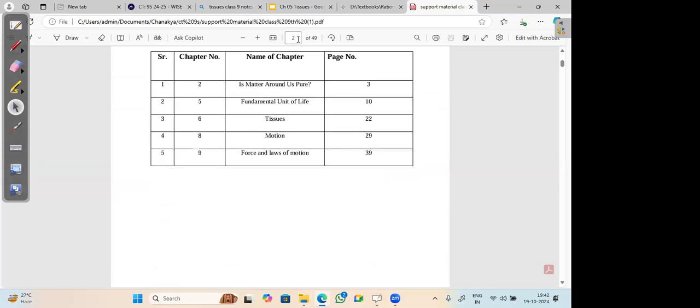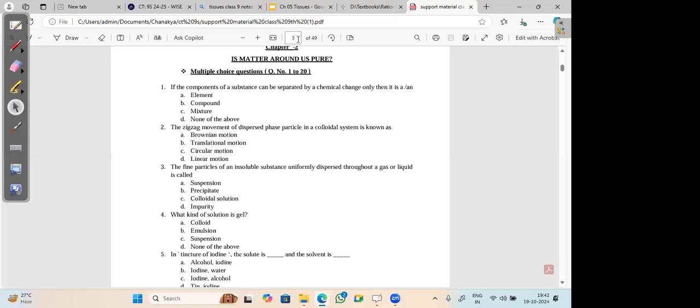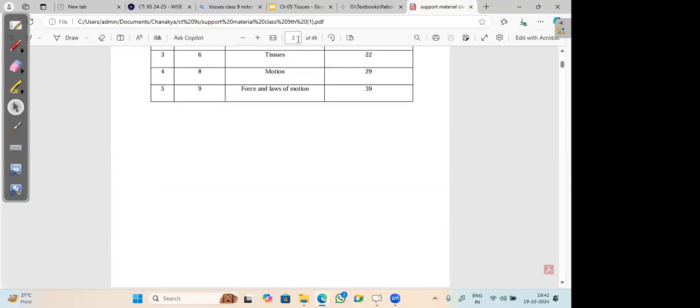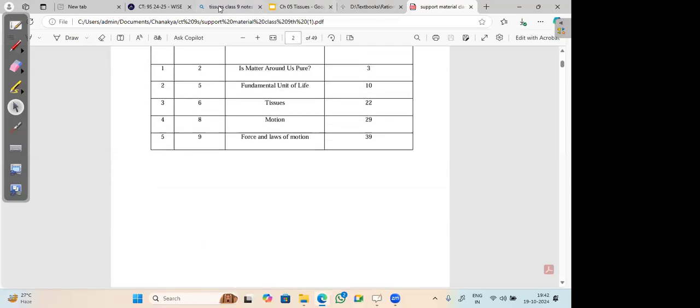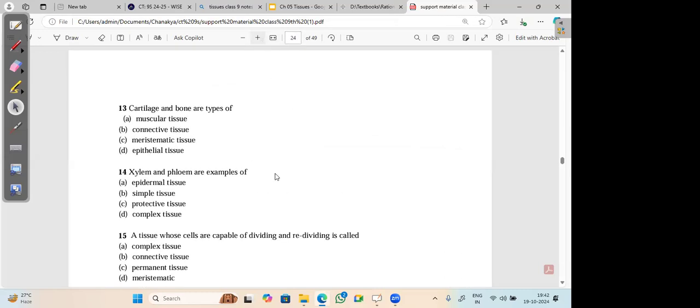Tissues, page number 20. Okay, so this is the MCQ which we can start with.